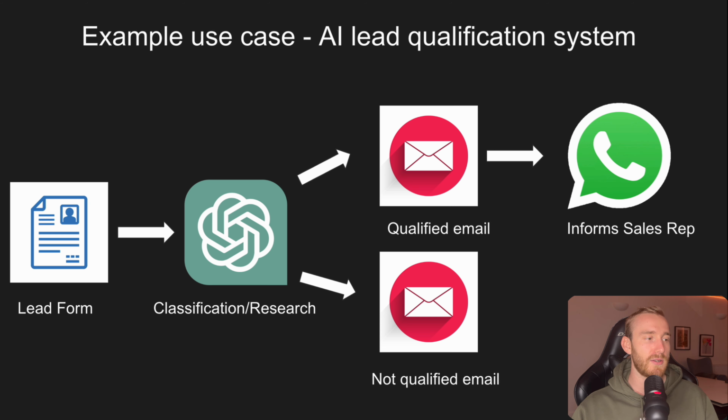To begin with, you'd have a lead form where potential clients can fill out a form that would be plugged into an LLM step that classifies and researches the leads based on the information it's been given. Then it would automatically split it into either qualified lead or not a qualified lead, then automatically send an email depending on the outcome, and if they are qualified it would also send a message to the sales rep to let them know they've got a new lead. This is the example we'll be using.